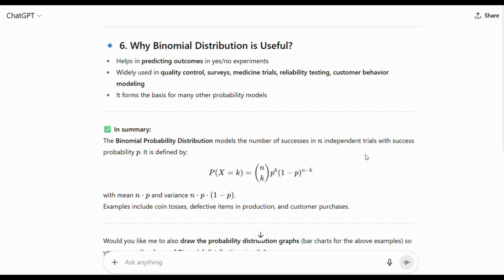When we are observing these problems, it explains that it helps in predicting the outcomes in yes/no experiments: buy, no buy, head, tail. It is widely used in quality control, surveys, medicine trials, reliability testing, customer behavior modeling.